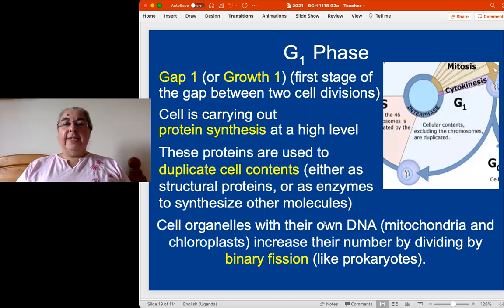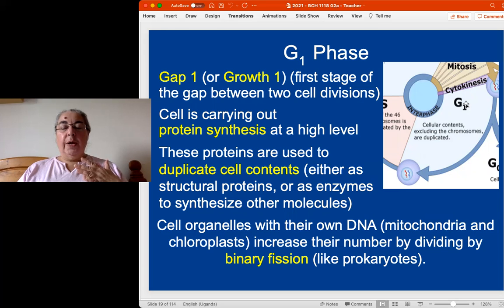Okay, the next phase is G1 phase. So the G here, originally it was called G to stand for gap, because early scientists observing cells dividing through a microscope could see things happening at some stages, at S phase and at mitosis, but in between those two phases, there were gaps where the cells were not visibly doing anything that could be seen at that level of looking down a light microscope.